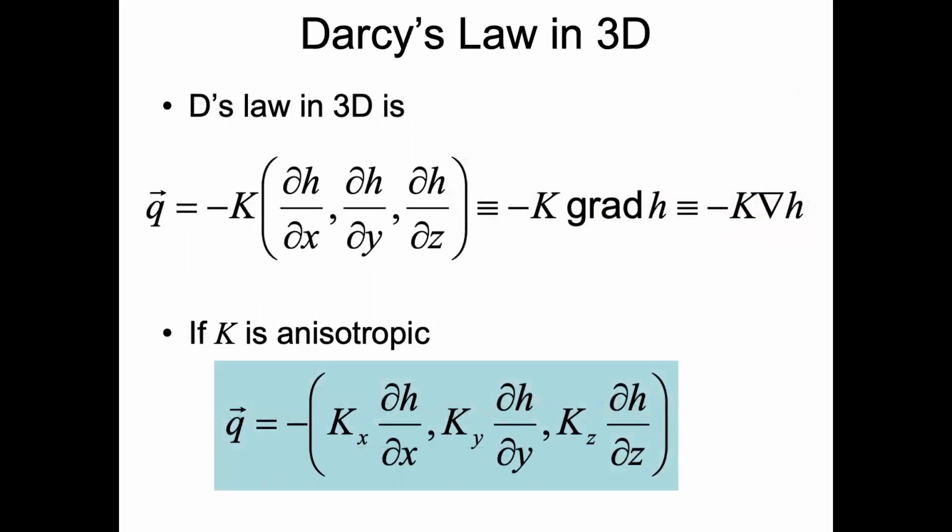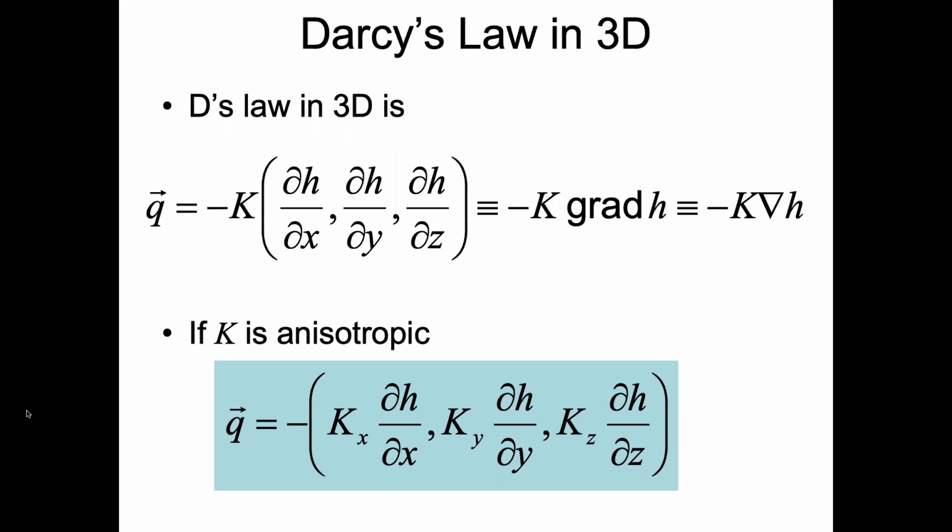On the top, we are thinking about an isotropic system that is homogeneous. This is essentially the Laplace equation and how we would solve for the vector of that flux in the x, y, and z directions. So it's the change in head over the change in distance multiplied by the hydraulic conductivity.